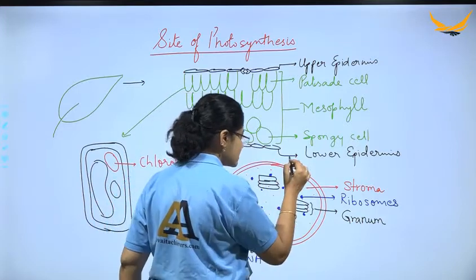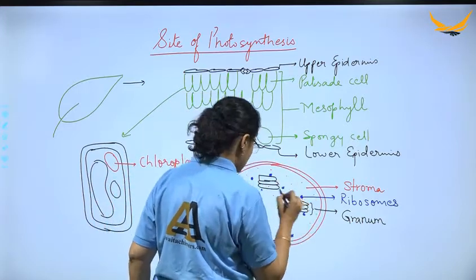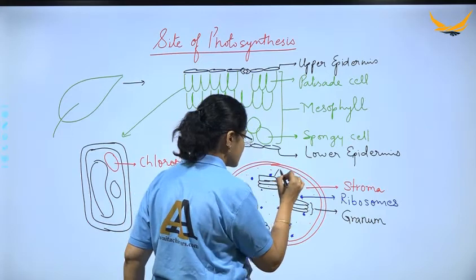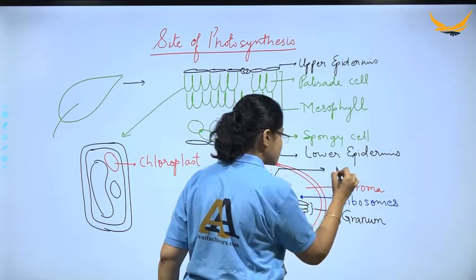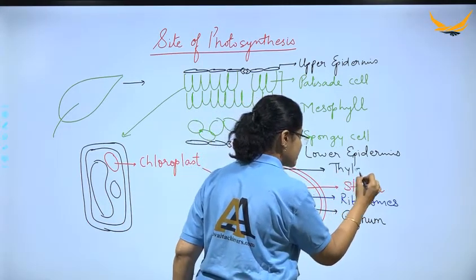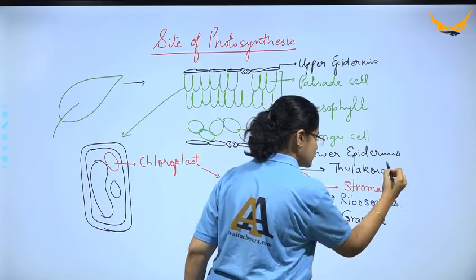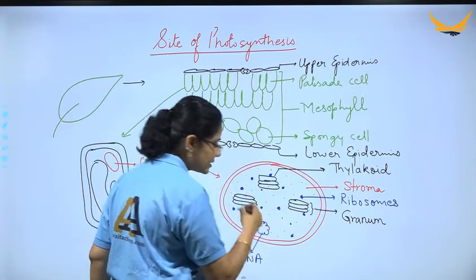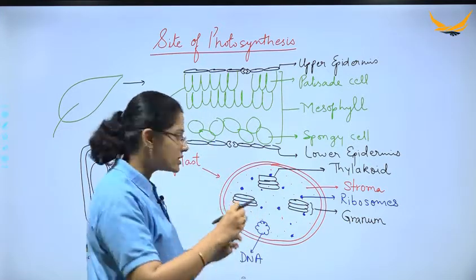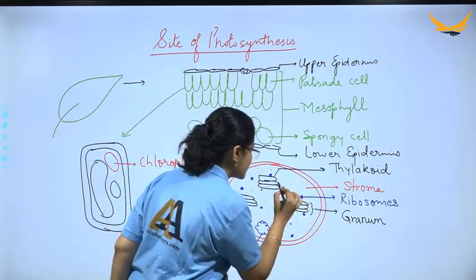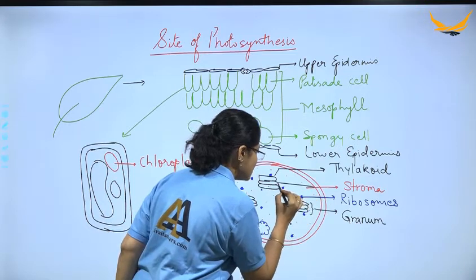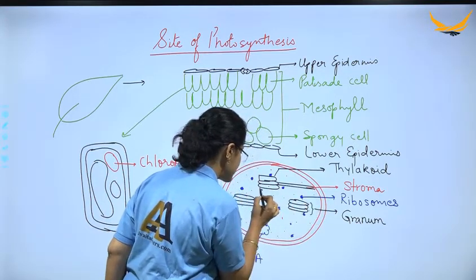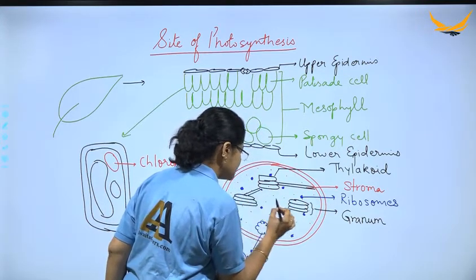Alright. And this one single coin-like structure, we will call it a thylakoid. Clear? That is the thylakoid. Now, inside this, these membranous structures are all connected to the membrane, and they are also interconnected.